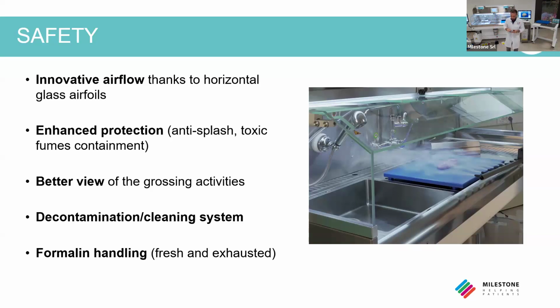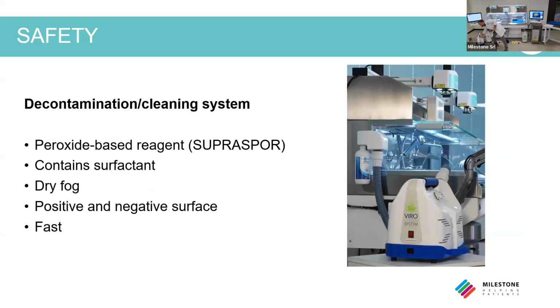Well, let me zoom in a little bit better. Okay, you see there, this is ViroClean. This is an option that allows decontaminating and cleaning the whole grossing station. How?